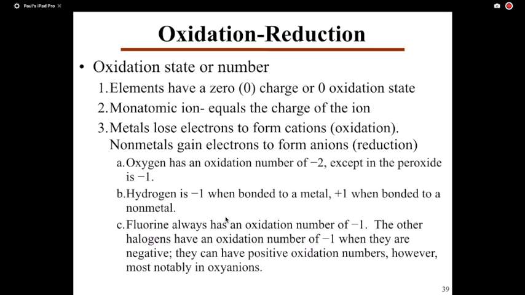It does happen. But most often, when it's bound to a non-metal, it is a +1. This is what you see most often in general chemistry. Fluorine always has an oxidation number of a -1. Okay? The other halogens, you will predict a -1, okay, most of the time. There are times in which they can become positive, but that's really, really strange. You first assume that they're a -1.